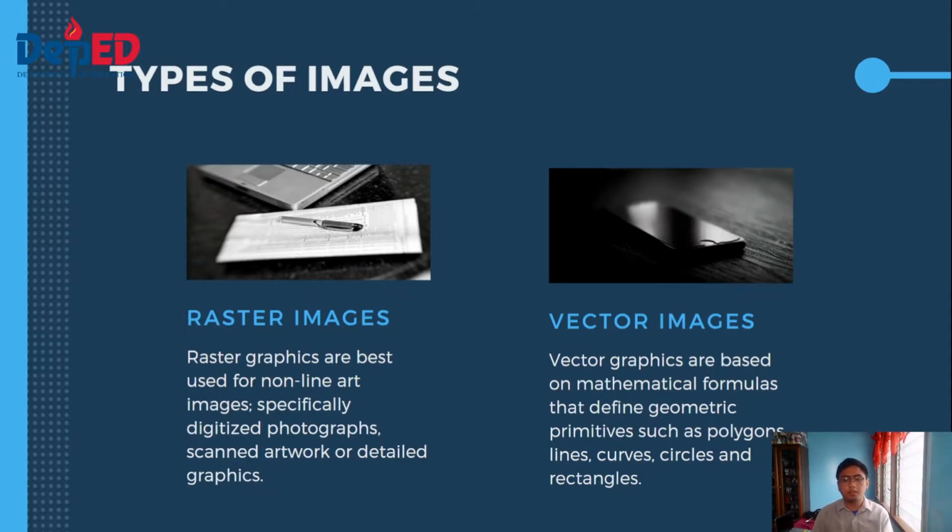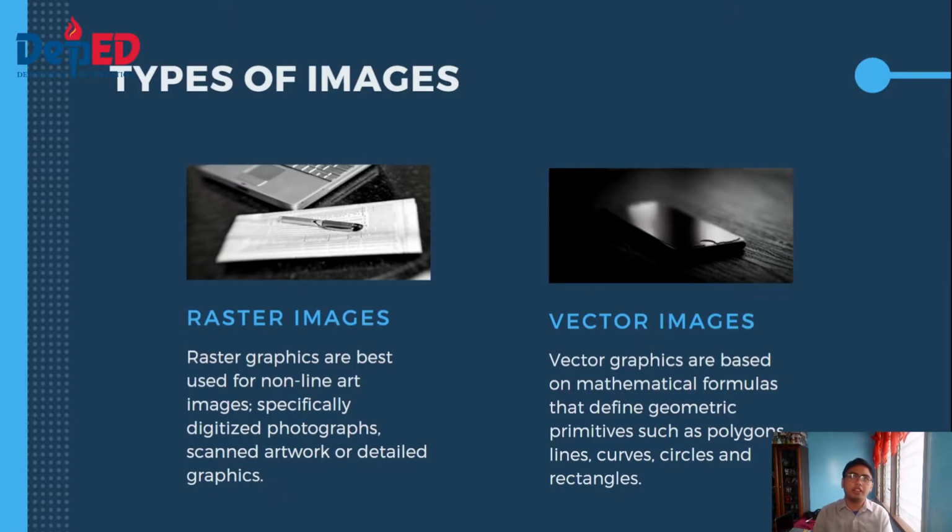So if we're talking about vector graphics, when you stretch it and it doesn't pixelize, no matter how big or how small it goes, it is a vector image. Unlike raster images or raster graphics.